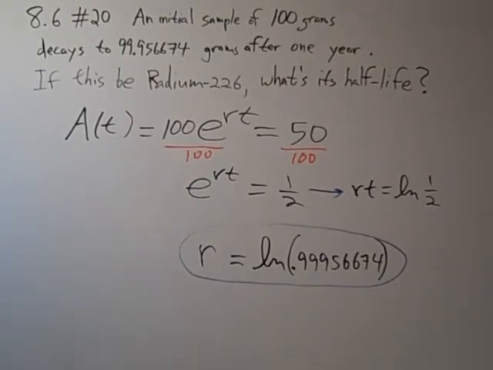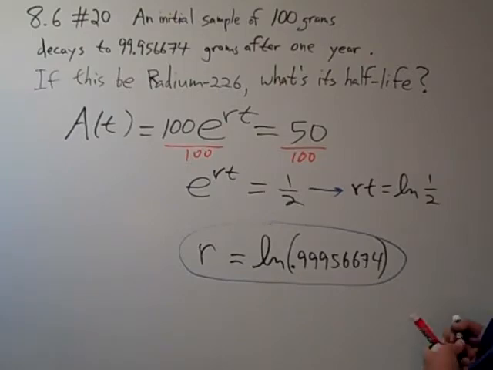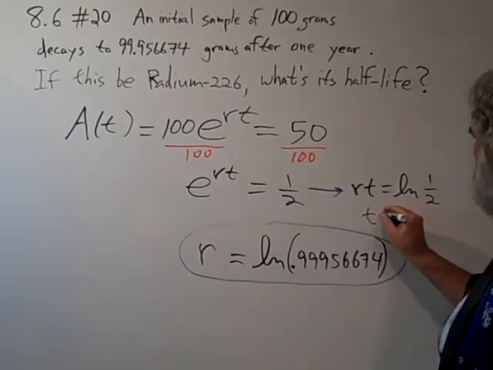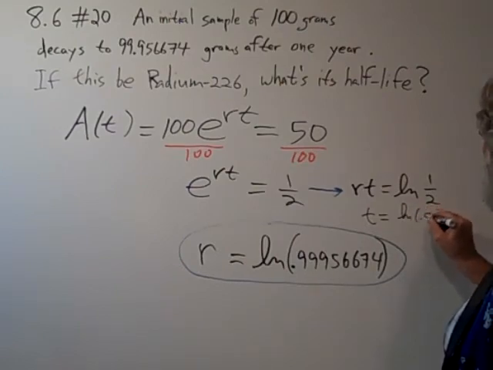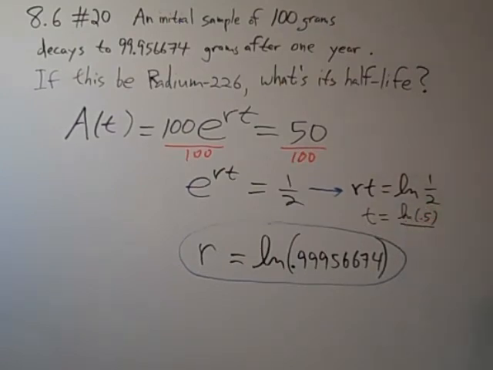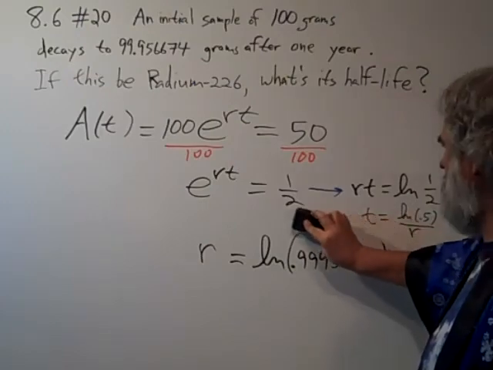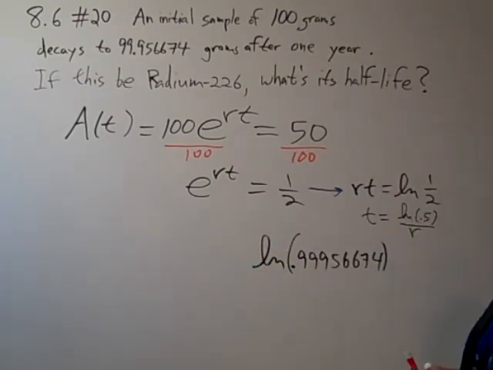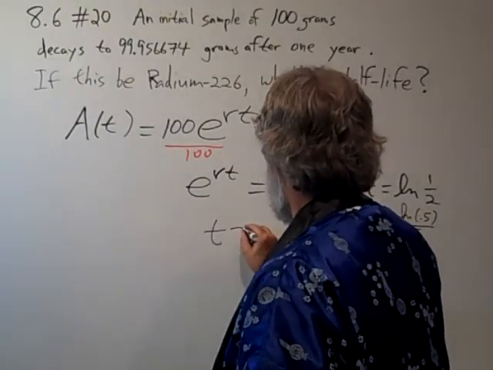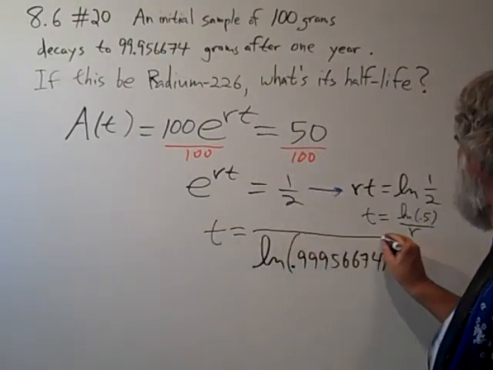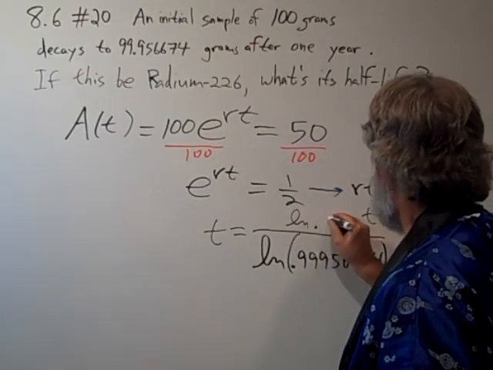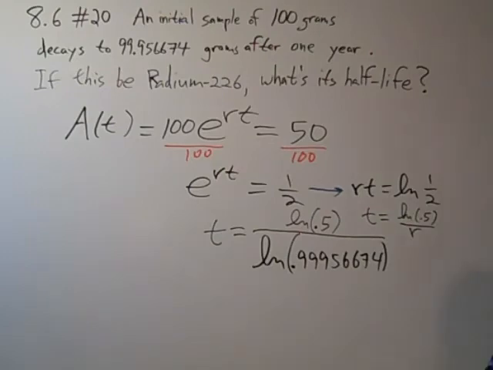But anyway, we then find that T is equal to the natural log of 0.5, 1/2 is 0.5, divided by R. And this is the R. In other words, T is equal to the natural log of 0.5 divided by R, and that's the value of R that we just calculated.